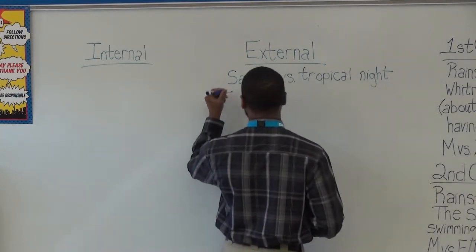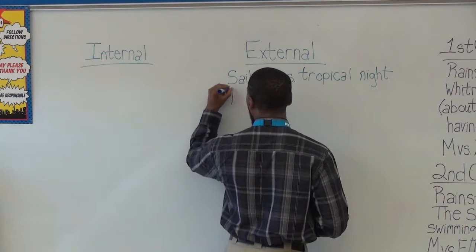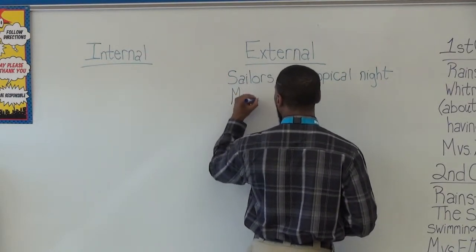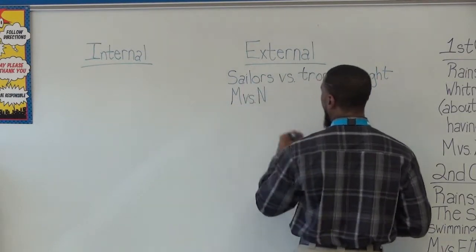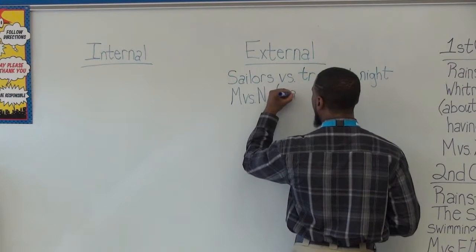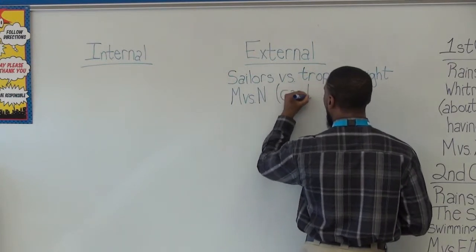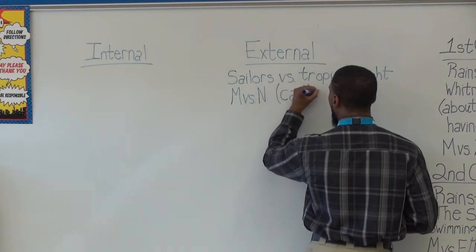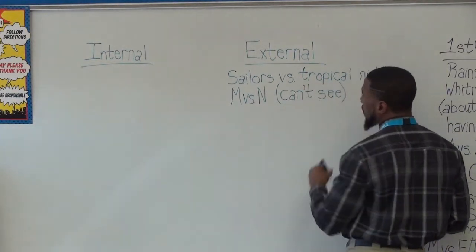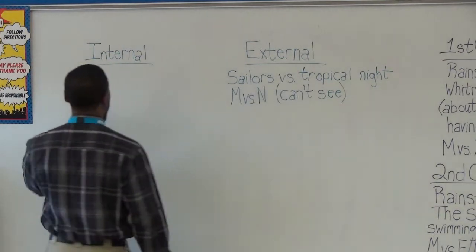Okay, and we're going to say that that is M versus N, nature. Okay, and we're going to say the issue was that they can't see. Then there was an internal conflict.